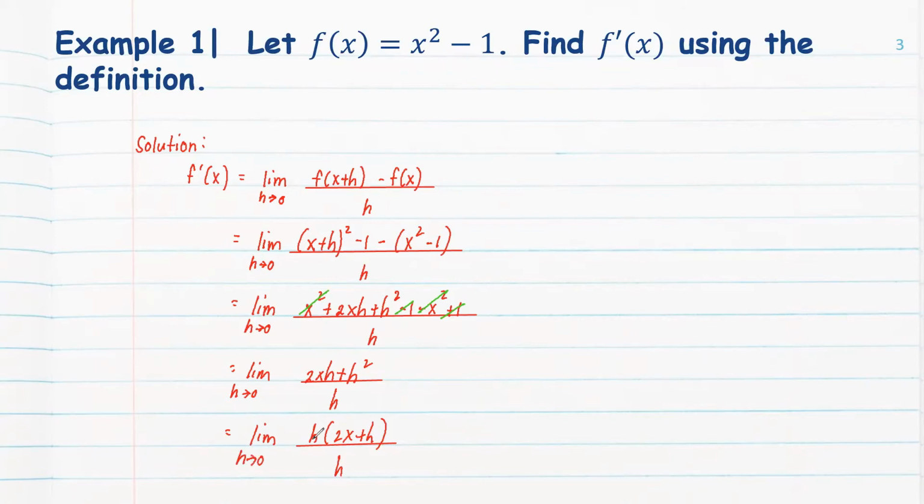So from here, we can divide out h over h. H over h is just equal to 1. So we can divide them out. What we have left here is the limit of 2x plus h as h approaches 0.